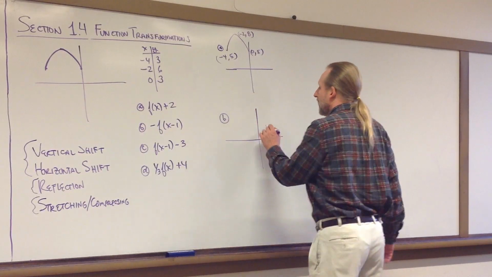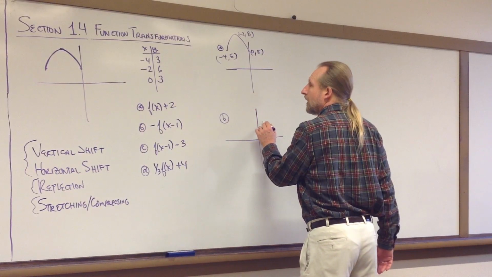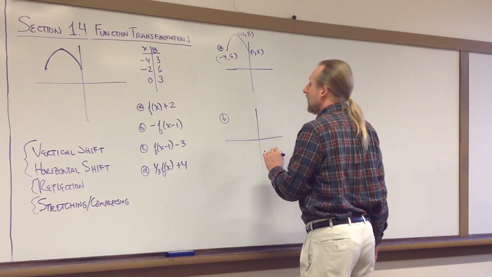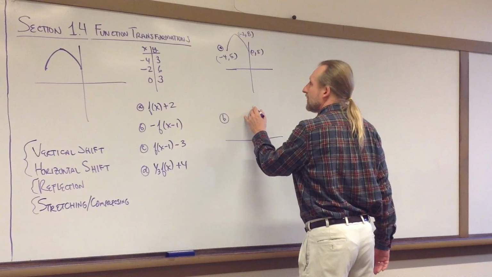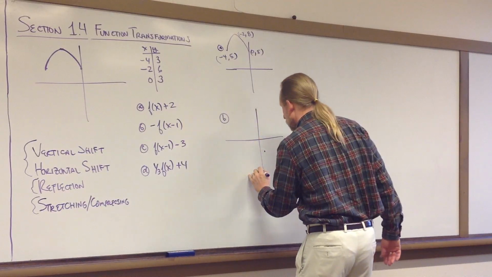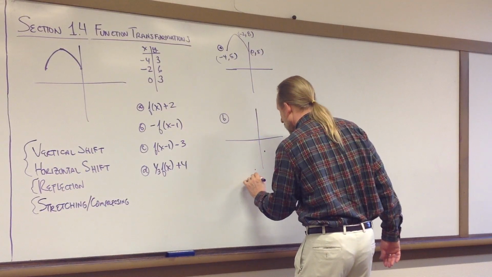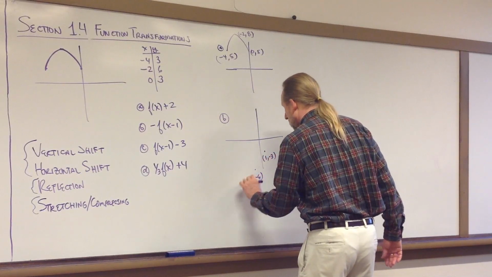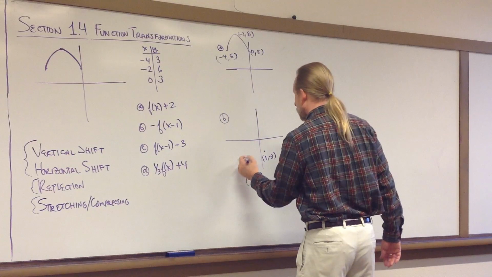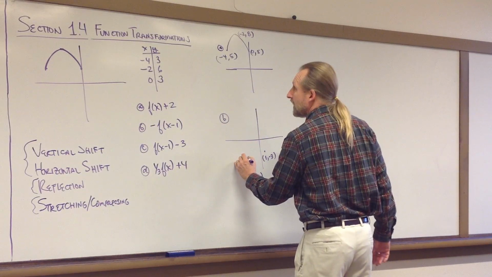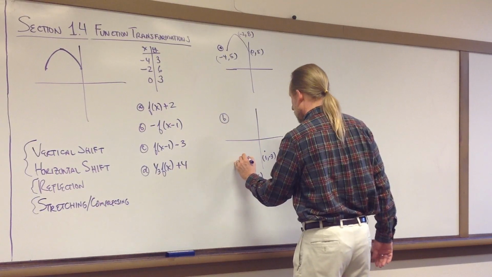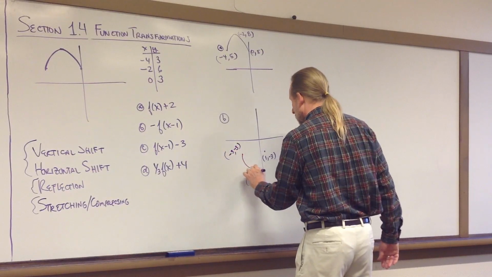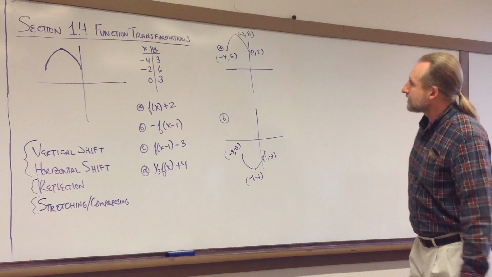Okay, so we're going to have 1, and then instead of 3, it's going to be -3. And then we're going to have -1, and instead of 6, it's going to be -6. And then instead of -4, it's going to be -3. And instead of 3, it's going to be -3. So -3, -3. And there's our little semicircle.